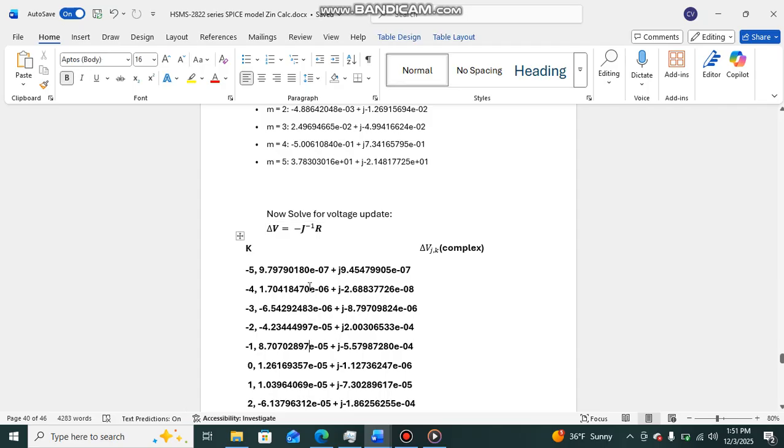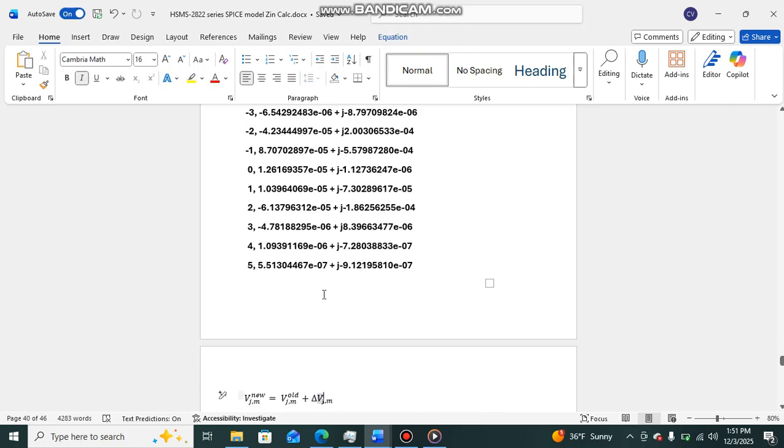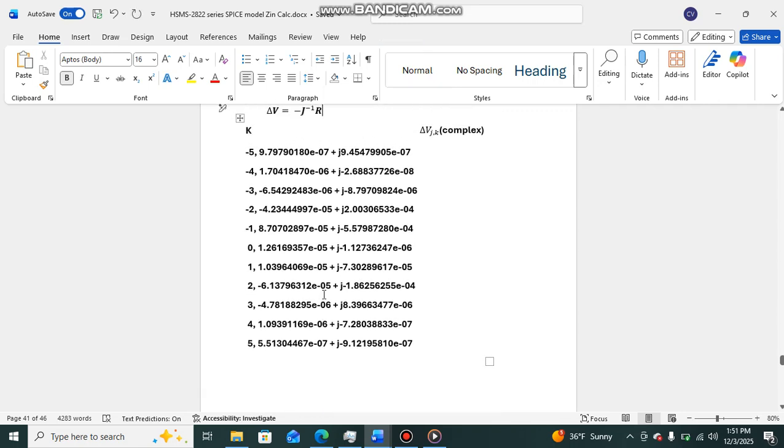Multiplying those together gives our next vector, delta V, which is how much more we need to change our harmonics by.